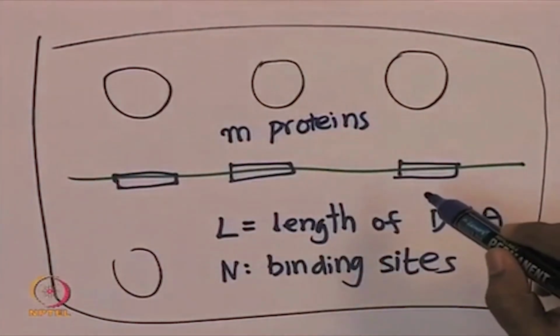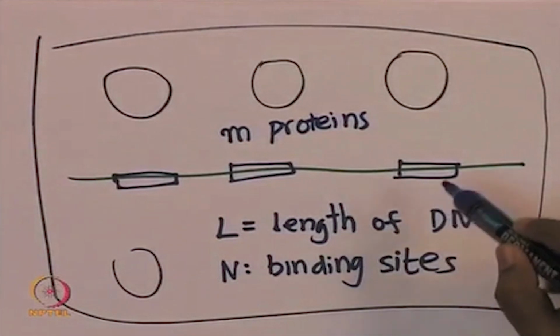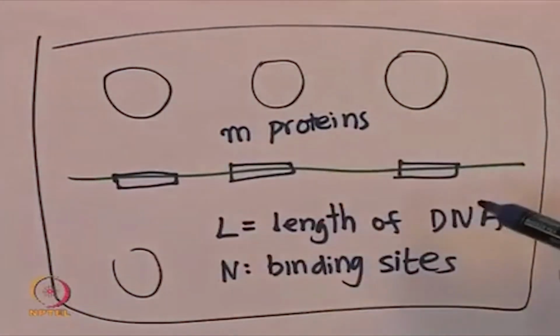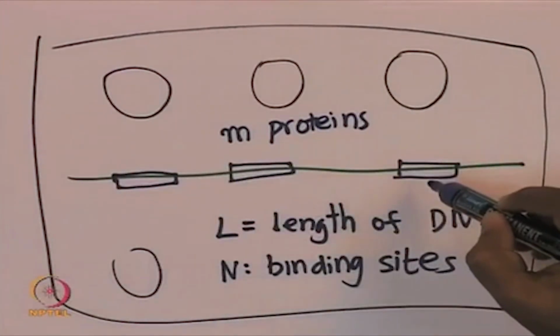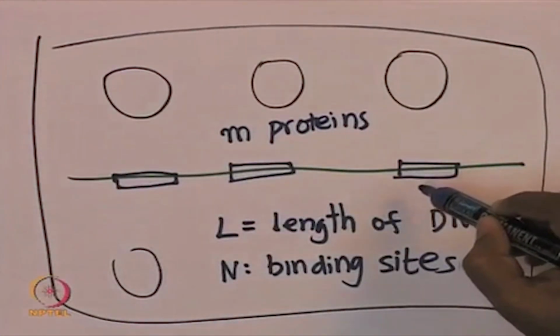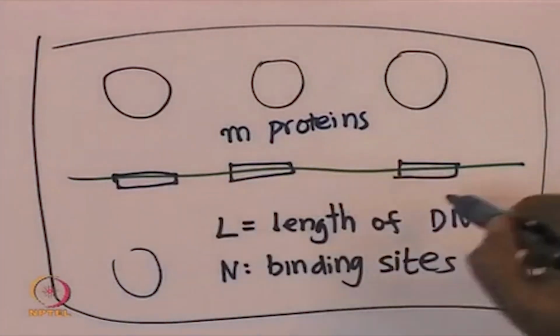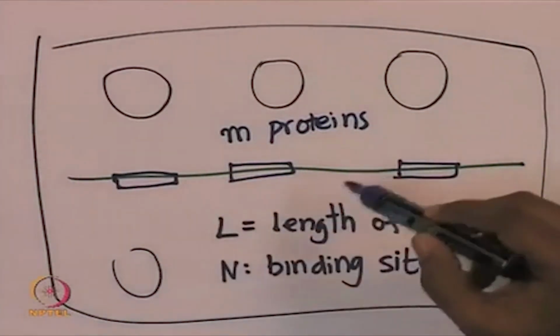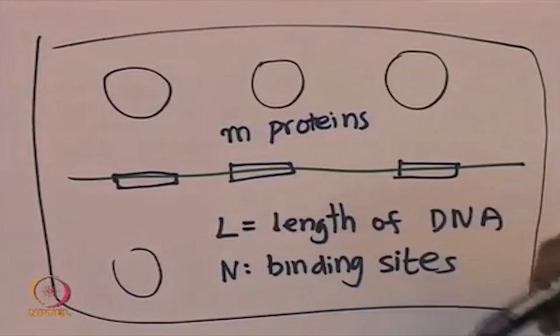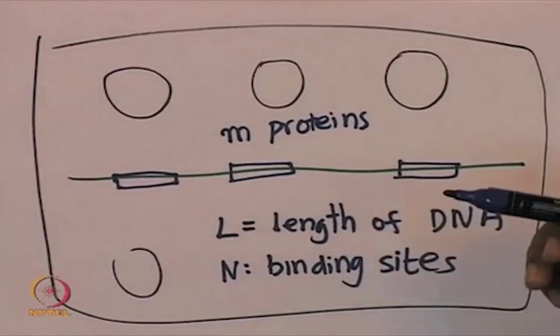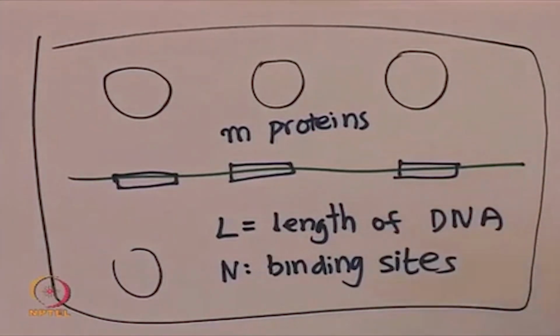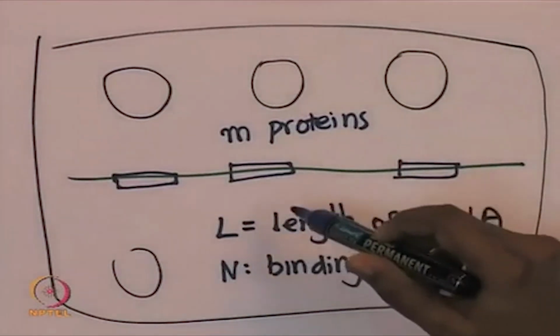Now, the question we are asking is, how many proteins will be binding to this? Will all these 3 sites be occupied, or will only one be occupied, or only 2 be occupied? Or what is the probability of each, and what is the equilibrium state, that is, the most likely state?